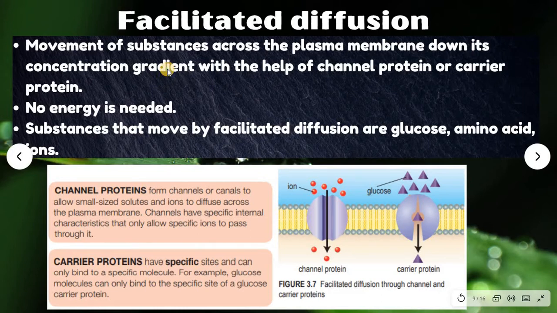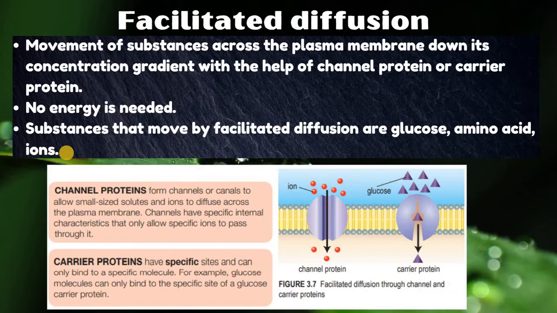It means from higher concentration area to the lower concentration area, with the help of channel protein or carrier protein. No energy is needed. Substances that move by facilitated diffusion are glucose, amino acid, and certain ions. So you have to remember the examples of the substances that move by facilitated diffusion.